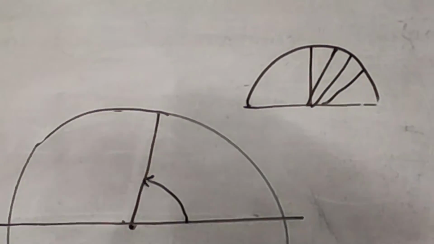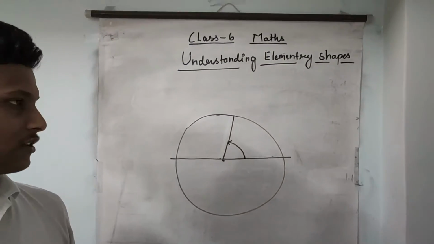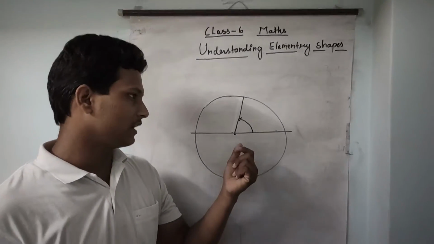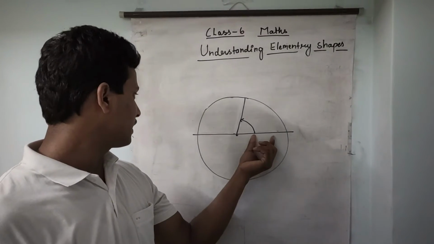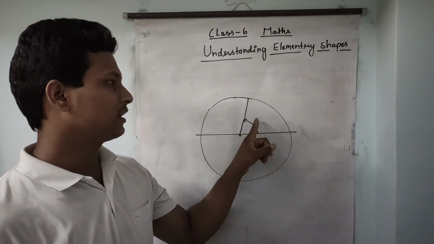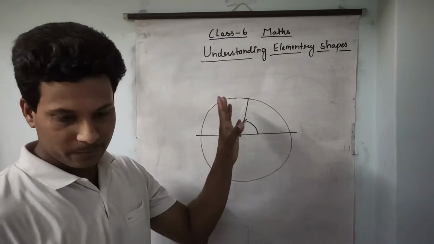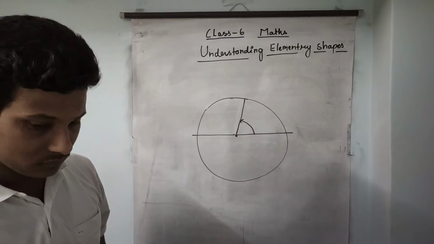This is the shape of the protractor, where many angles are already marked. You put the protractor here, and where this line matches a particular angle, that shows how much this line has rotated from the other line. This is how we measure an angle.